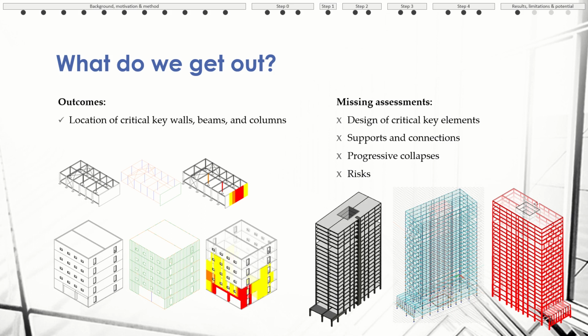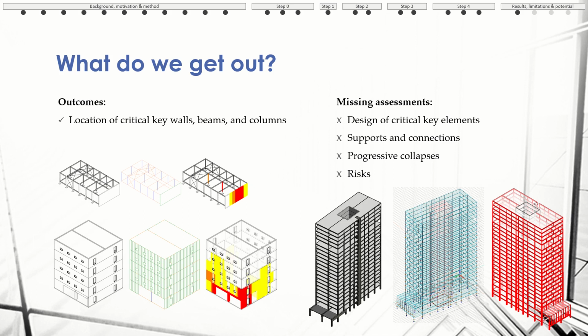We need to take some supports and connections into account, and some details regarding if you have any tensile ties that hold the building together. You can also improve some of these assessments by checking if there will be any elements which cause directly progressive collapses, and you might also take the risks into account.